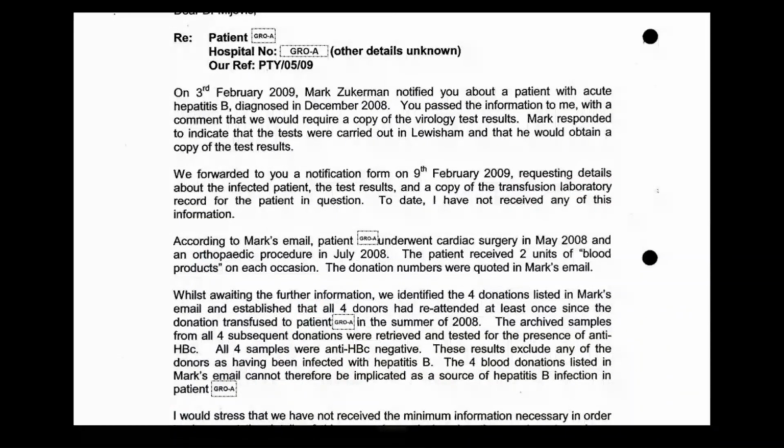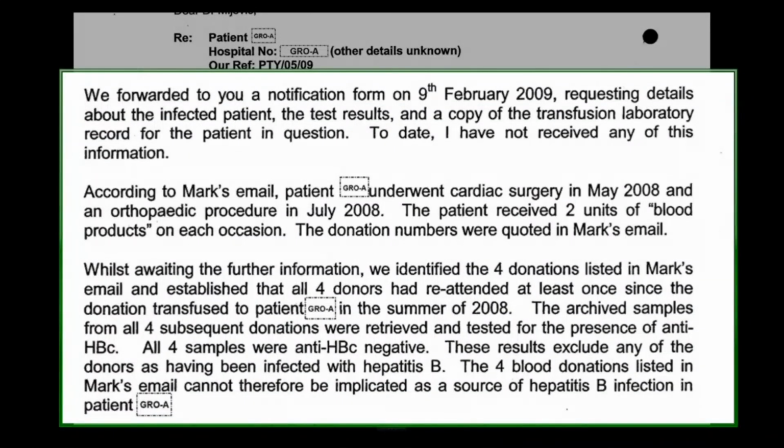The second paragraph records that we, NHSBT, forwarded to you a notification form on the 9th of February 2009 requesting details about the infected patient, the test results and a copy of the transfusion laboratory record for the patient in question. To date, I've not received any of this information.